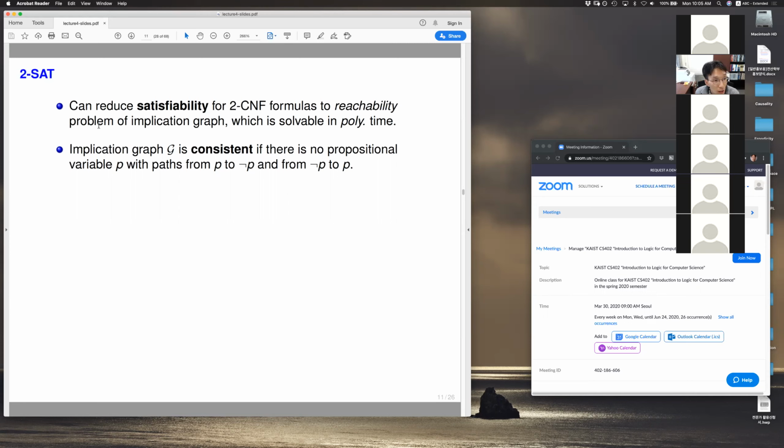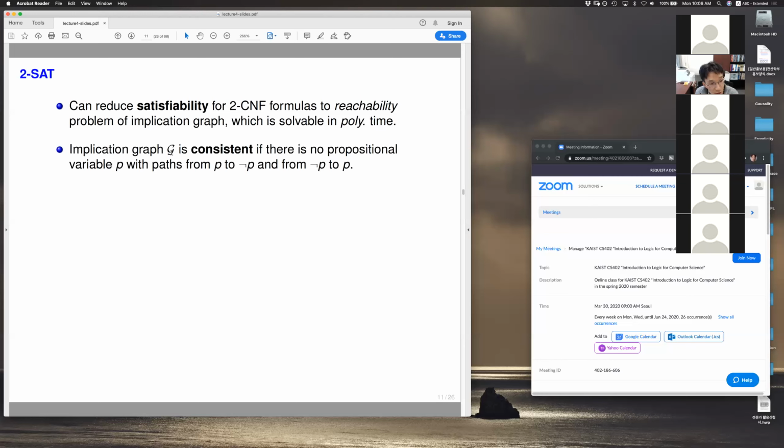But it turns out satisfiability for 2CNF formulas can be reduced to the reachability problem on the implication graph. The key concept behind this reduction is the so-called consistency.